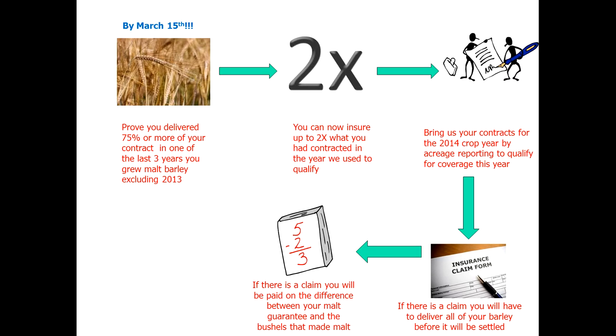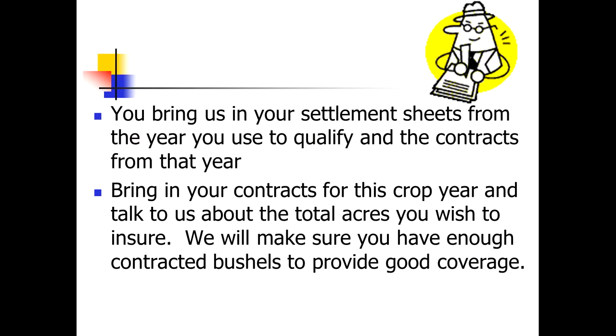So you'd have a 70,000 bushel guarantee for your malt side of your insurance, and this is over the whole farm. It's like one big unit. If you only sold 50,000 bushels actually for malt in the end, you would end up getting a 20,000 bushel malt barley claim times that difference from the contract price to the base price. So it's basically paying you if we have a big wreck and you aren't able to deliver on those contracts and you have to take a cheaper price for most of your barley.